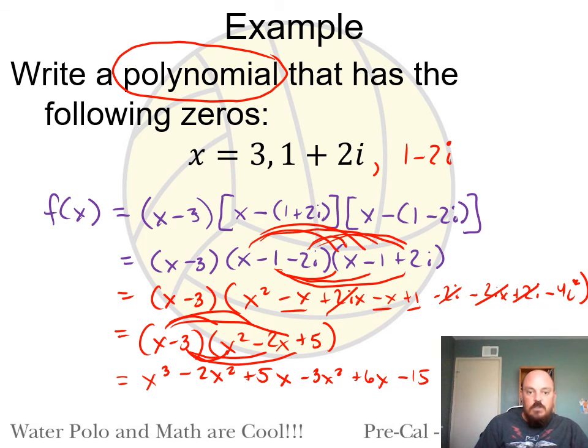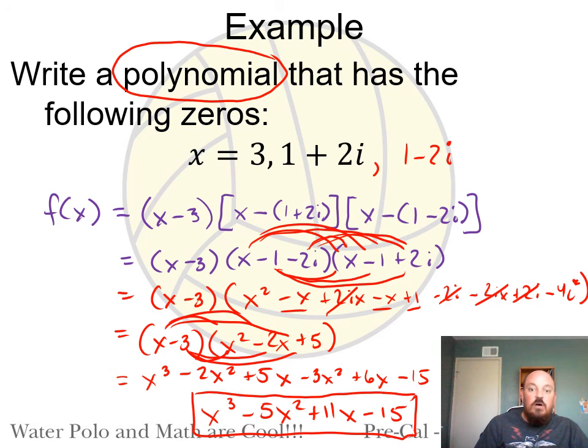So final answer here, we have an x cubed. Combine your like terms, we have minus 5x squared. We have plus 11x and minus 15. And that is a polynomial function that has the following zeros: 3, 1 plus 2i, and also, even though I didn't say it in the question, 1 minus 2i.